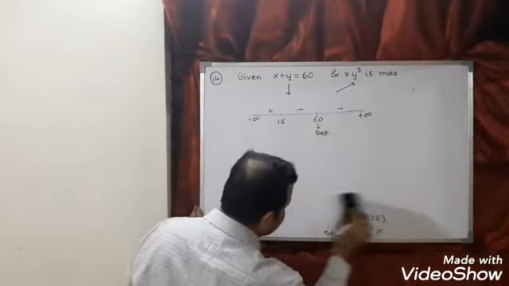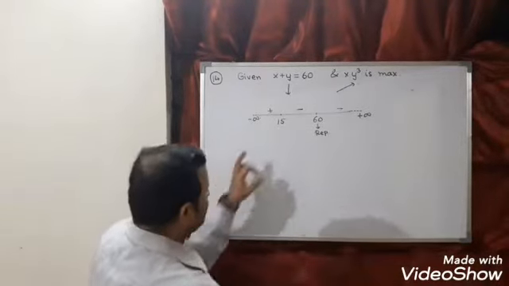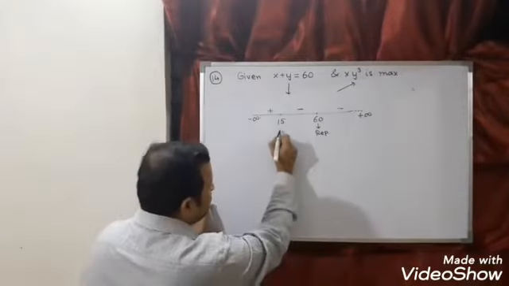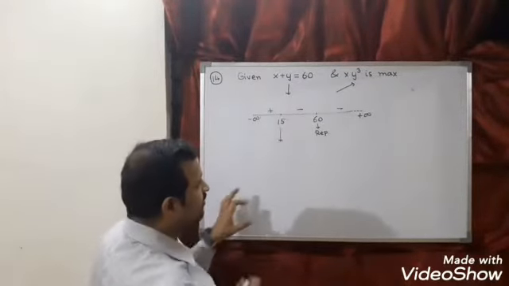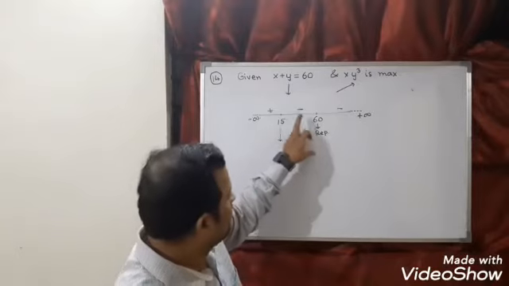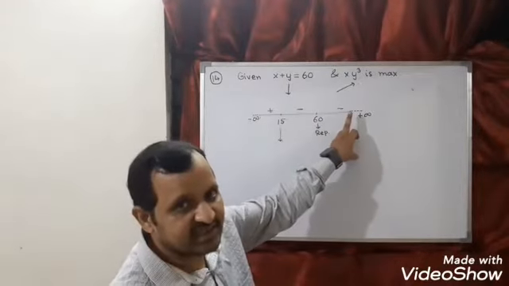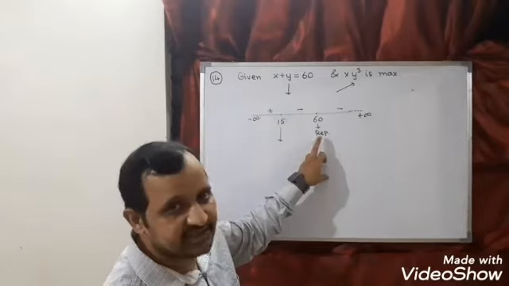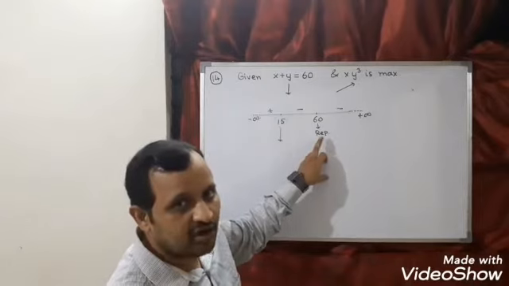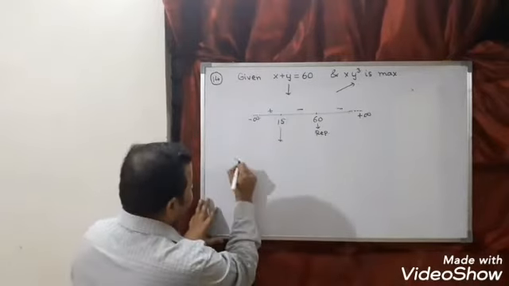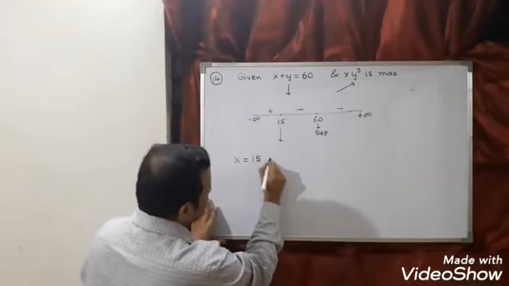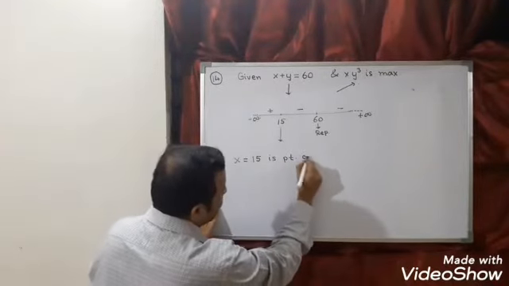So maximum means what? Last class I told you: plus to minus. So I can say this point is said to be the point of maxima. Minus, minus, no change in sign, so this point is neither a point of maxima nor a point of minima. So here I can say x is equal to 15 is the point of maxima.